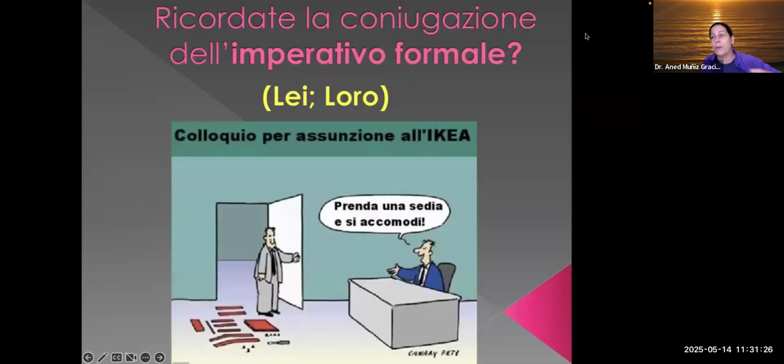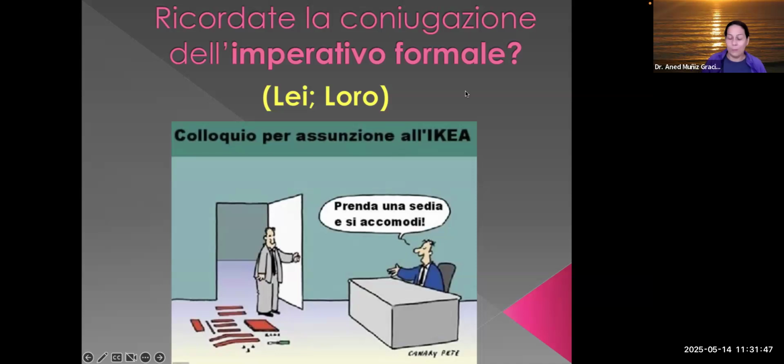And for that, we start by reviewing the formal imperative, which is the lei and the loro form of commands, right? The usted and ustedes, or the vous form in French, or the Sie form in German. English only has you and you, right?